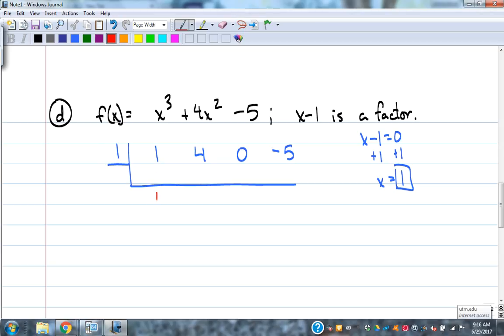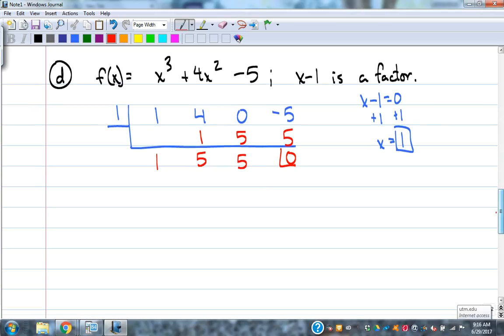Okay. So 1. Okay. So that means we have this polynomial left. And I want to try to factor that.